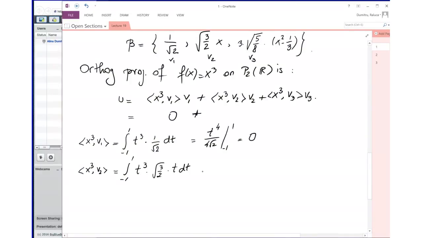So it's the integral of t to the 4th, t to the 5th over 5, evaluated from -1 to 1, which will end up being 2 over 5 times square root of 3 over 2. So square root of 3 over 2 times 2 over 5 times v2, which is another square root of 3 over 2 times x, right?